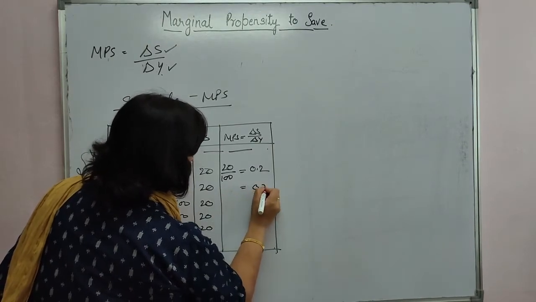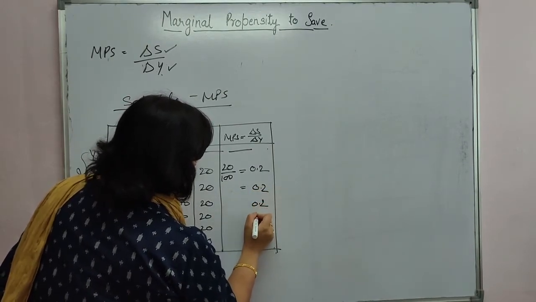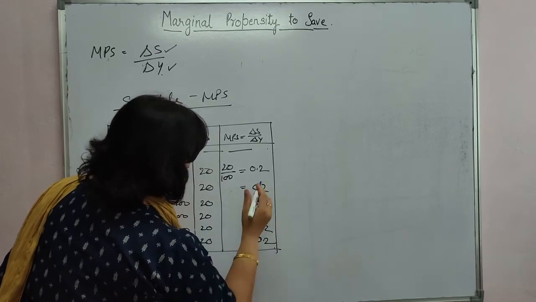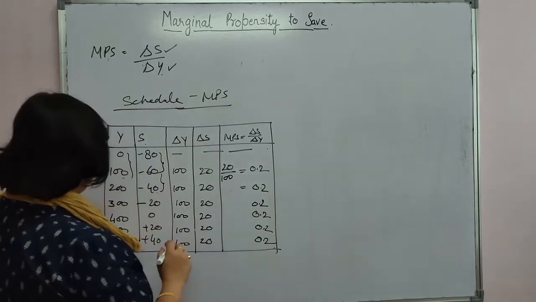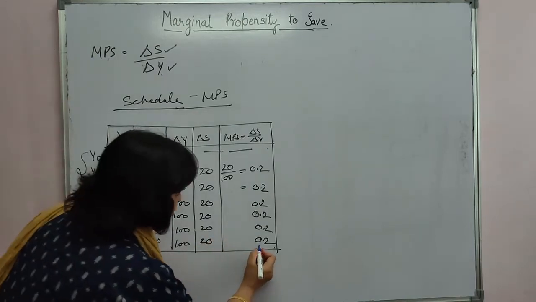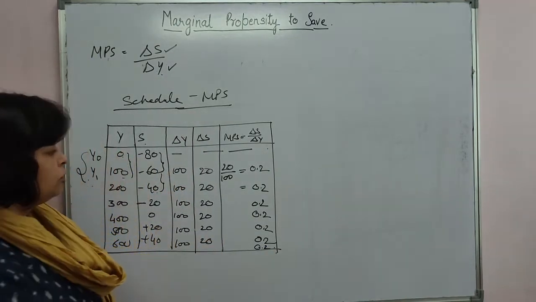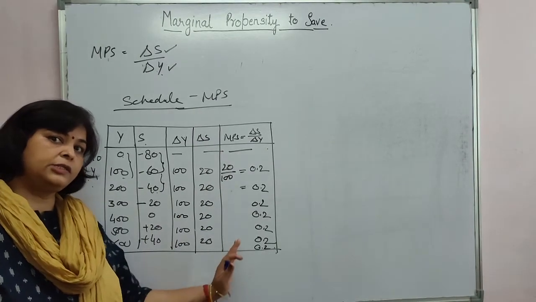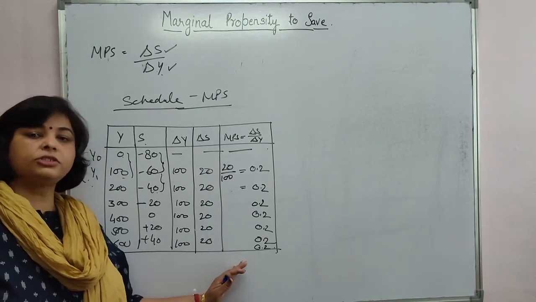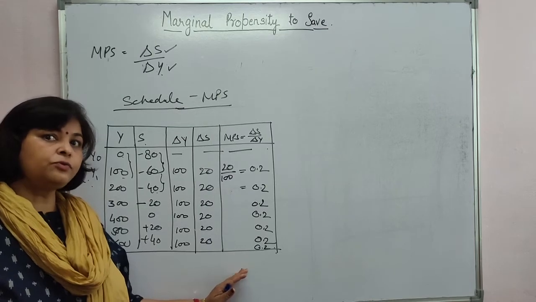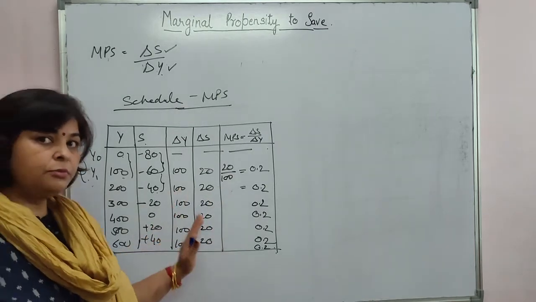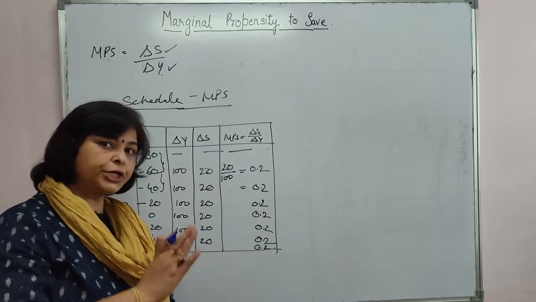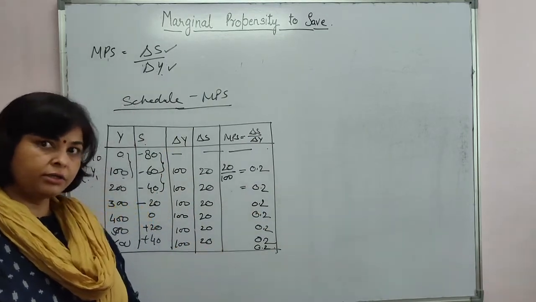Here also 0.2, 0.2, 0.2, 0.2 and 0.2, and one more 0.2. So MPS at all levels of income is the same, it is constant. It's not changing. That is why the saving curve derived from these values will be a straight line or a linear saving curve.